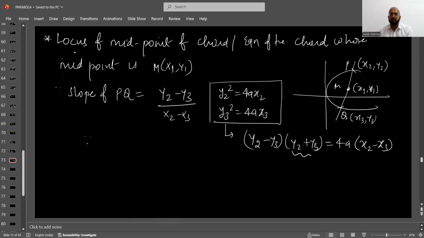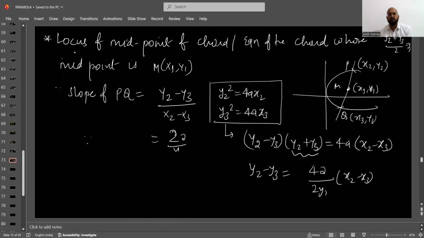Now y2 plus y3, if we watch carefully, x1, y1 is the midpoint of P and Q. That means y2 plus y3 upon 2 is equal to y1, so y2 plus y3 gives me 2y1. So I know the slope. Therefore, y2 minus y3 over x2 minus x3 is nothing but 2a upon y1.